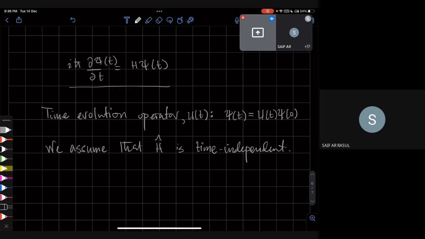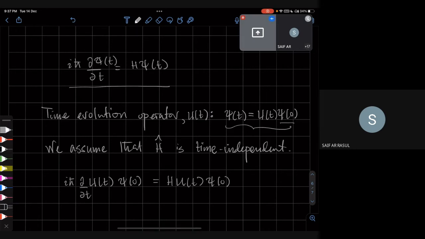So this equation becomes i h bar d by dt U of t psi at time t0 equals H U of t psi at time 0. Okay? Now, we assume that the time evolution operator does this job for all psis, not just a particular psi. That means this equation is true for all psis.